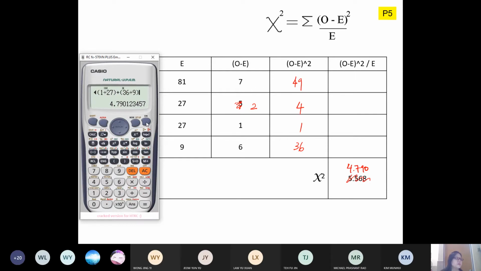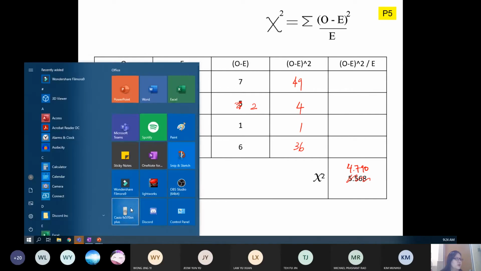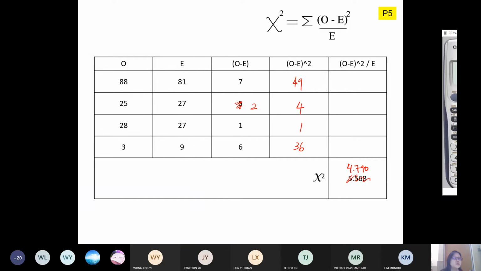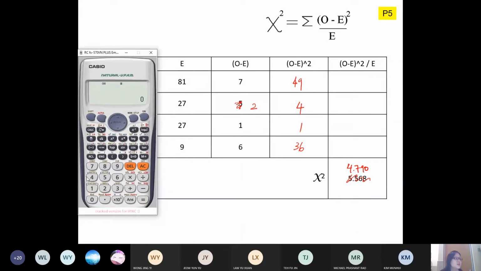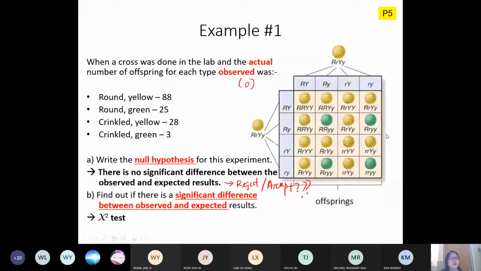Now in the exam, you do need to fill all these columns up if they ask you to. I don't remember the values.